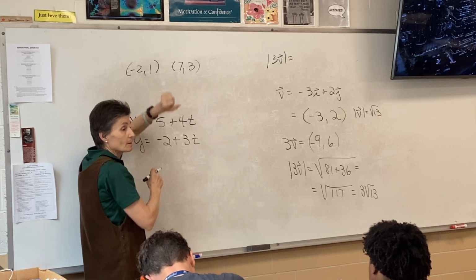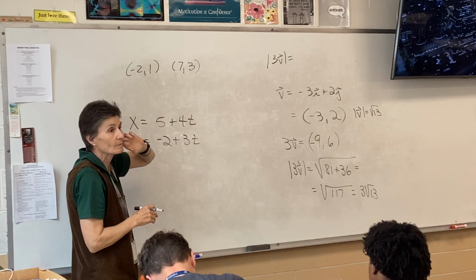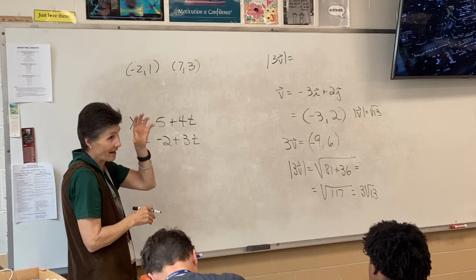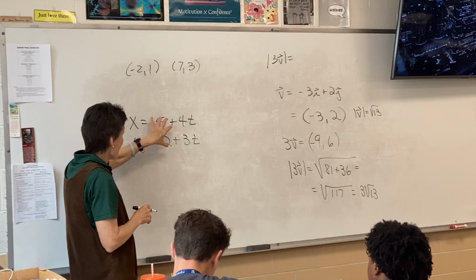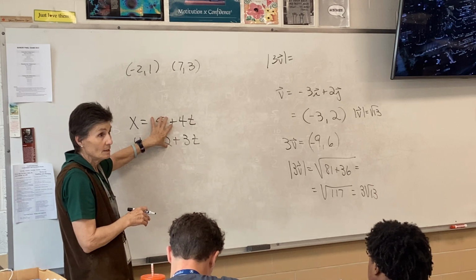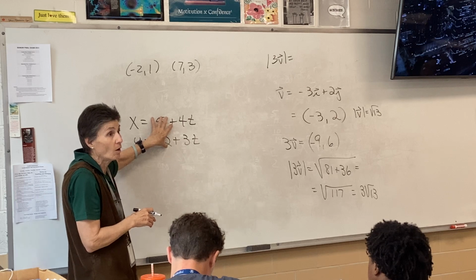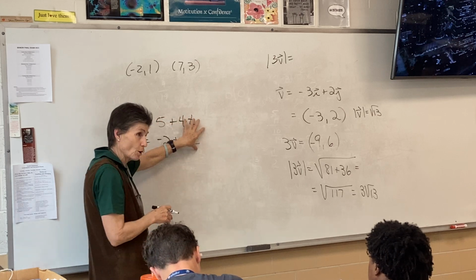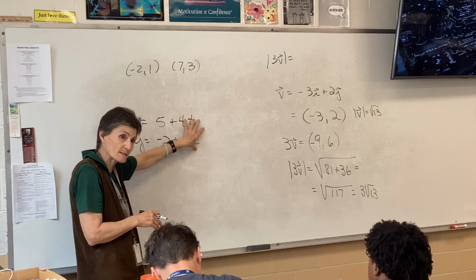So I think what you're saying is that this right here represents a point on the line. Yeah. And what about this part? What does this part represent?